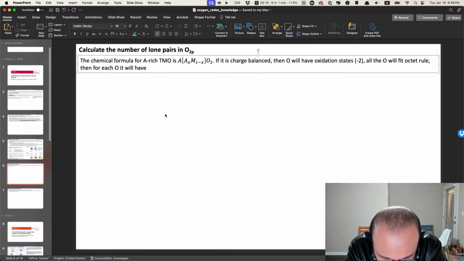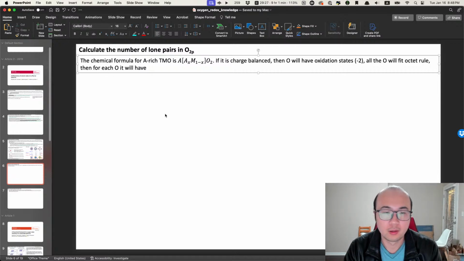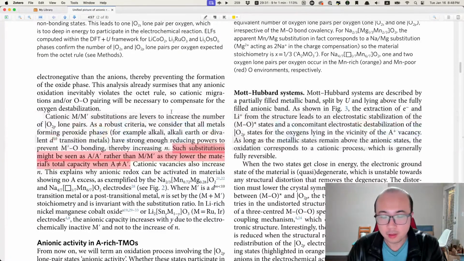So for an oxygen ion, it's 4 lone pairs. Am I right?